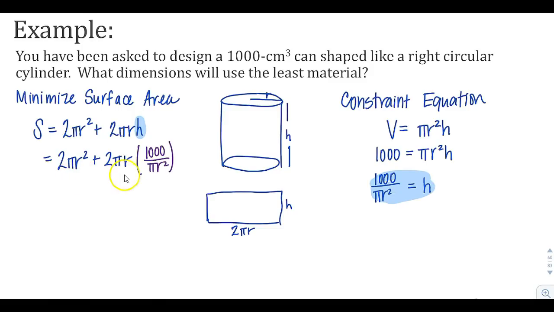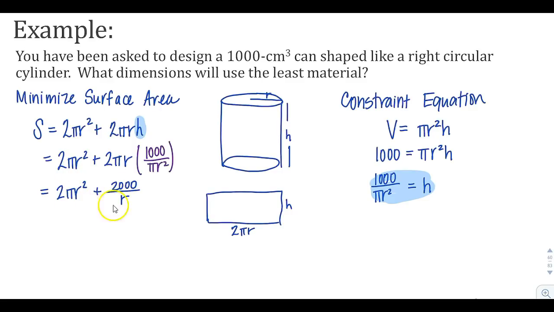So now I want to simplify this, so I end up with 2 pi r squared plus 2,000. The pi's will cancel and an r will cancel, so 2,000 over r.